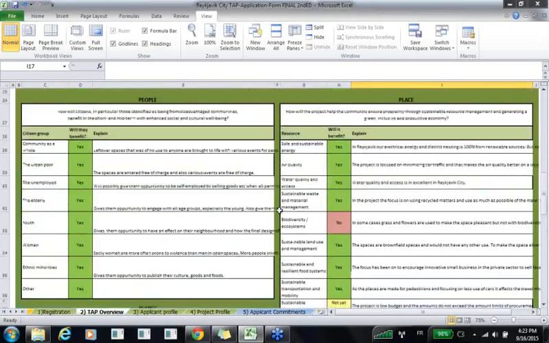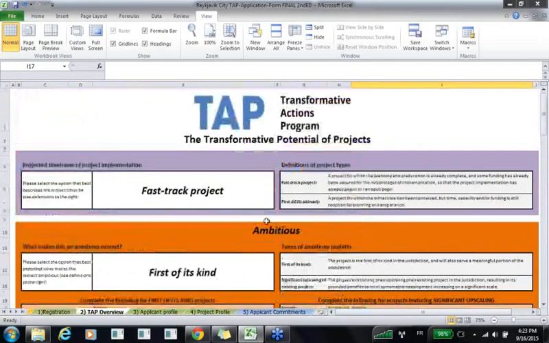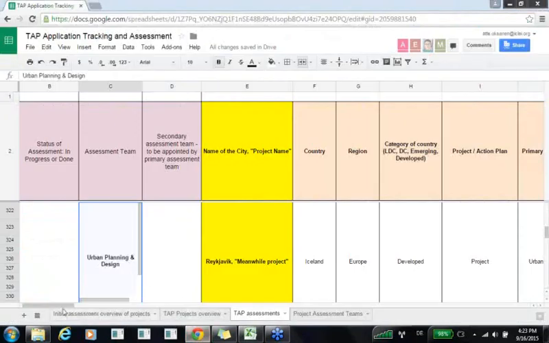Thus, these three parts of the TAP Overview tab are the reason why we are going to be assessing these applications also according to these criteria.